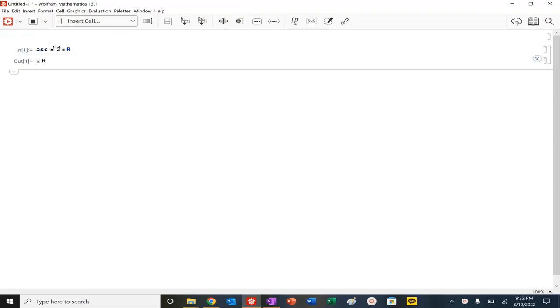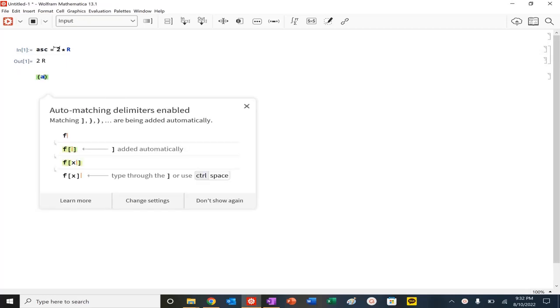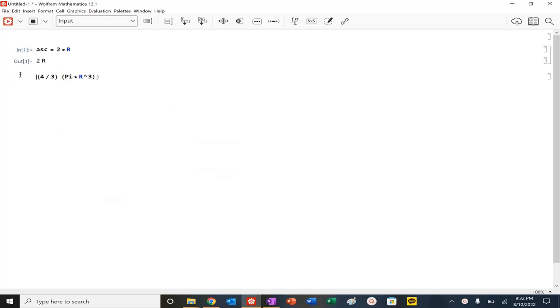Then I'm going to do 4/3 times pi times r cubed, and we're going to divide all of this by a_SC cubed.